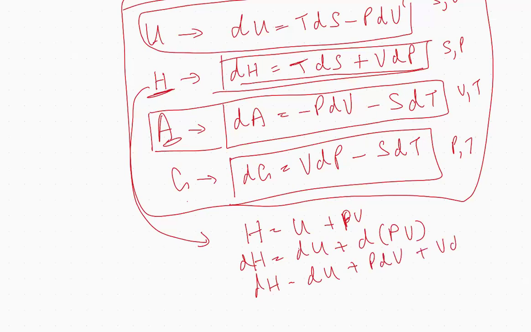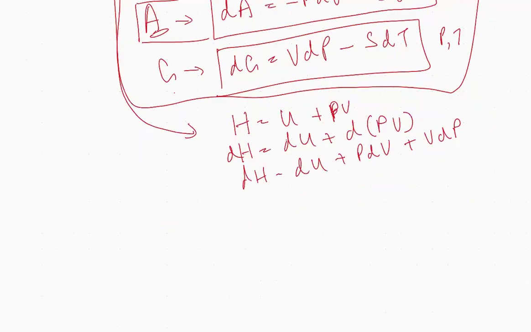And then here we learned dU equals TdS minus PdV. Right?